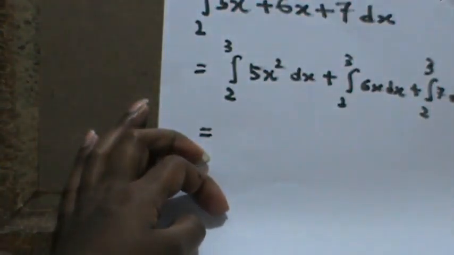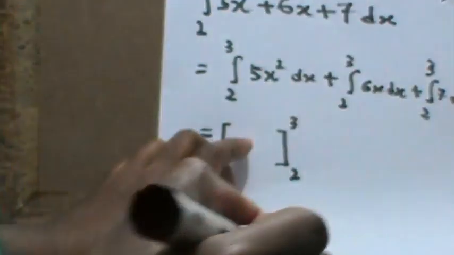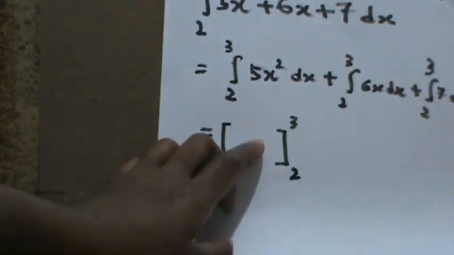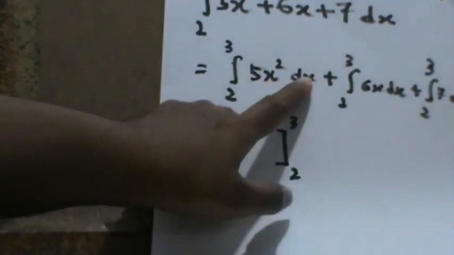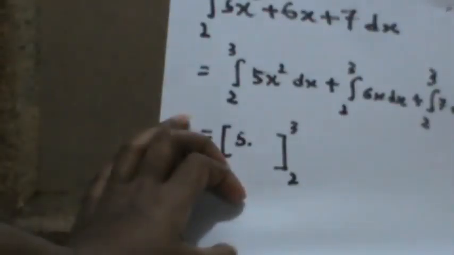So what you do is put square brackets here, and you put the lower limit at the lower position and the upper limit at the upper position, and within this square bracket you put the integration of this term with respect to x. The integration of this term is 5 times x squared integral, and the integration of x squared with respect to x is x cubed by 3.